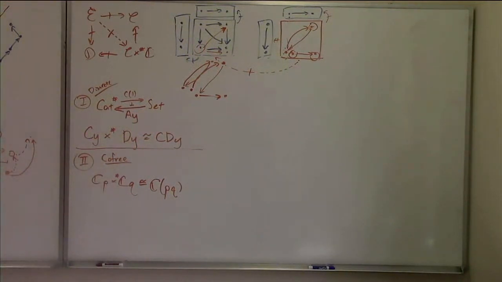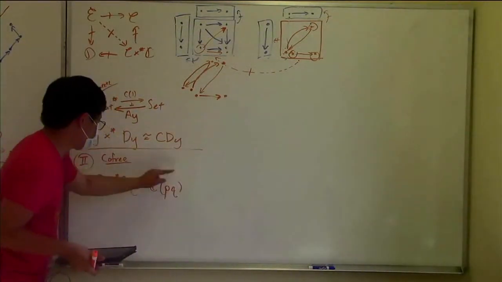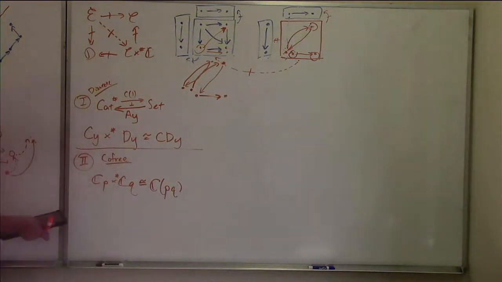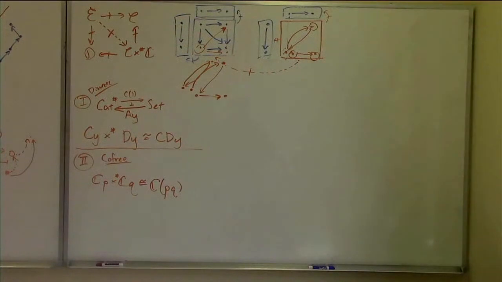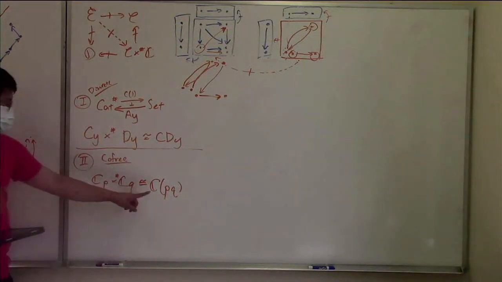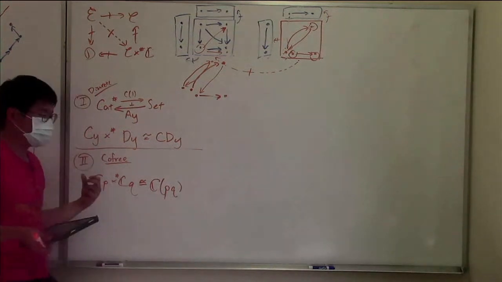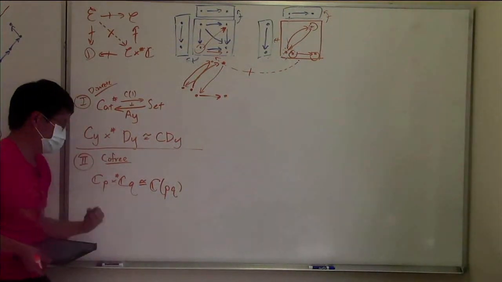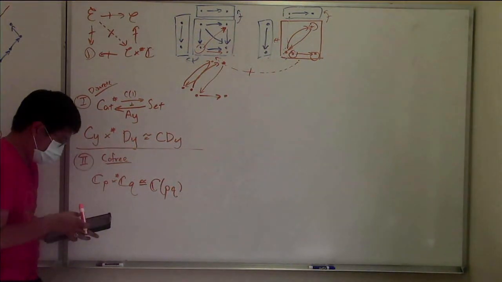Let's unpack this, right? So somehow we're thinking about this category of PQ trees. And so what do the corollas in PQ look like? Well, remember, you take a corolla in P, and you take a corolla in Q, and so that's a pair of positions. That's the positions of PQ. But then we just add up the directions together.